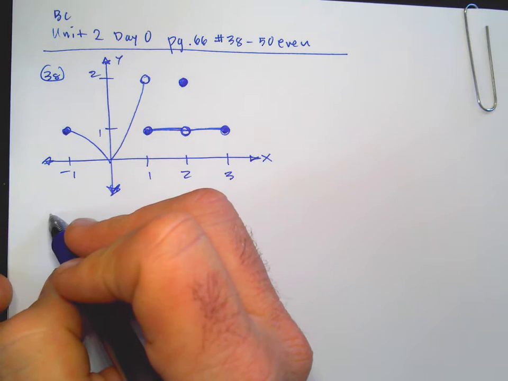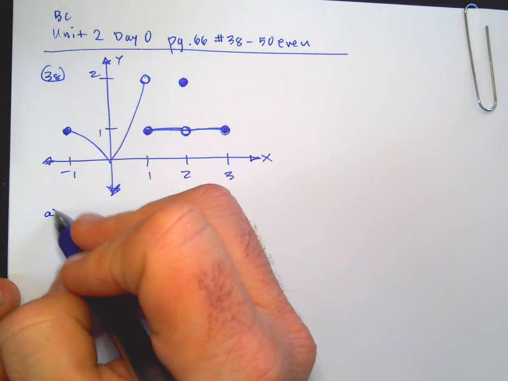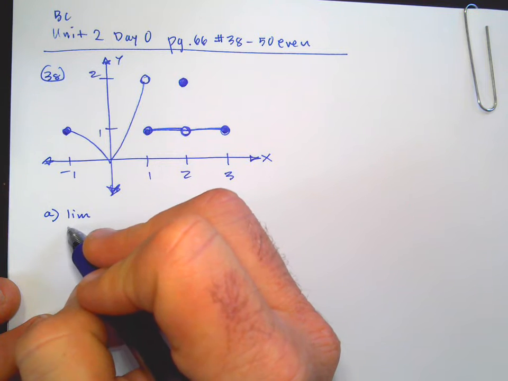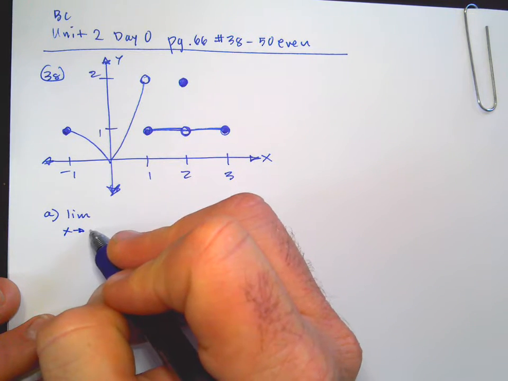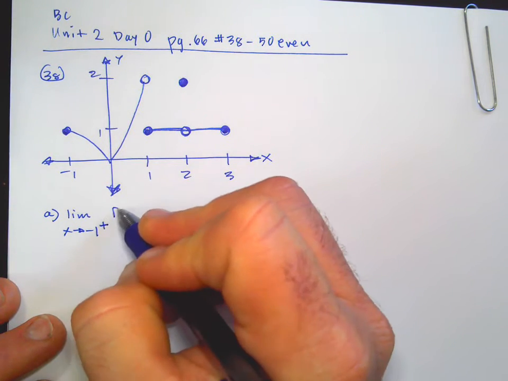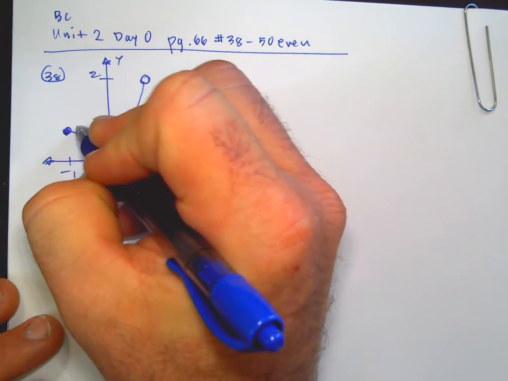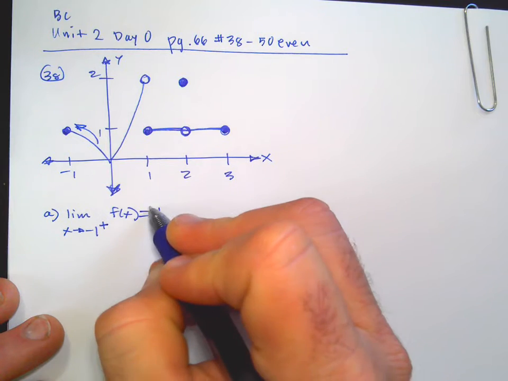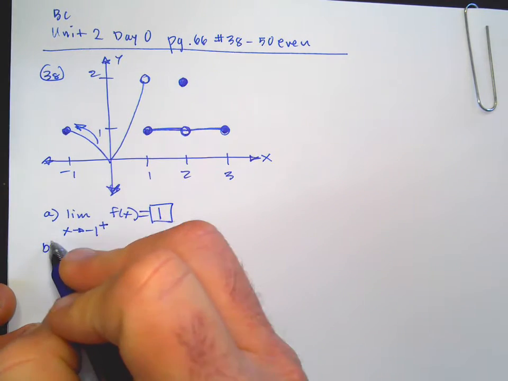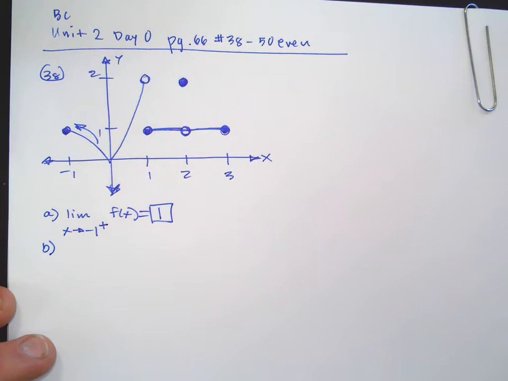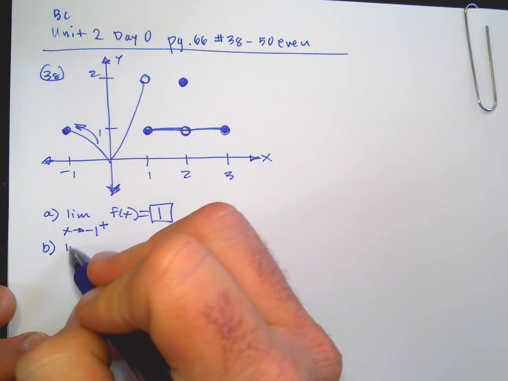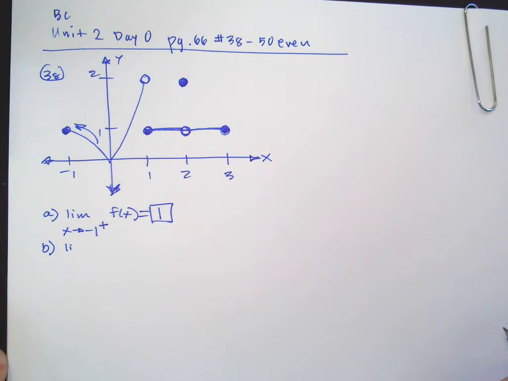A says, what's the limit as x approaches -1 from the right side? So approaching -1 from the right side looks like it's approaching 1. Right? B, oh, these are true or false. It says which statement is true, which are false.